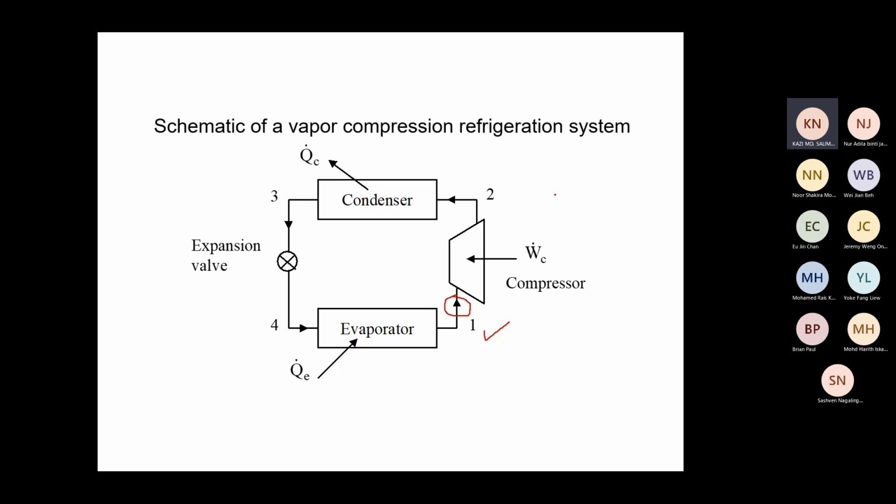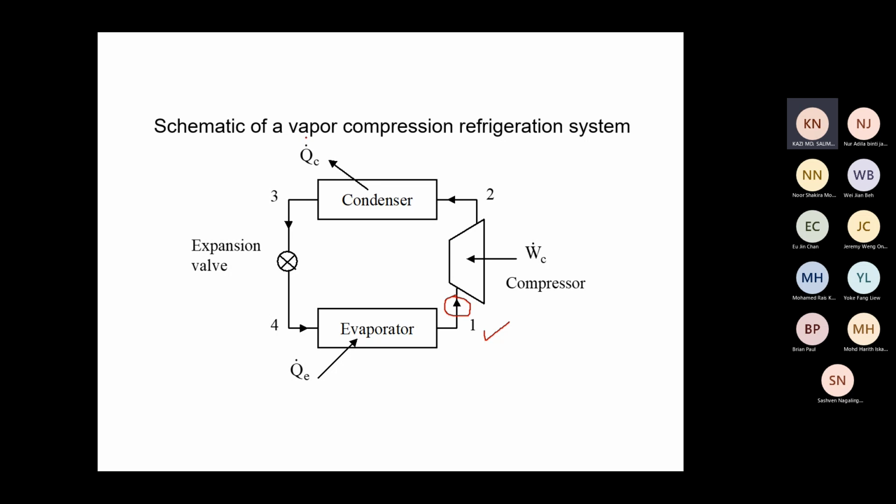In the expansion valve, the enthalpy will be constant there. So in compression, we get the entropy constant, whereas in the expansion valve, we get the enthalpy constant. So that needs to be kept in mind.